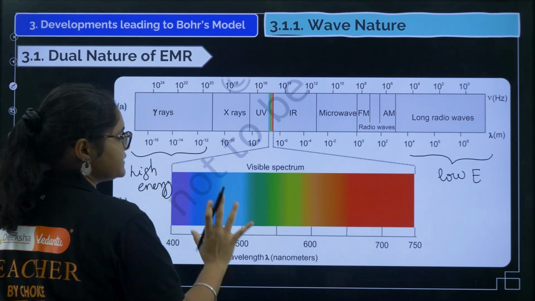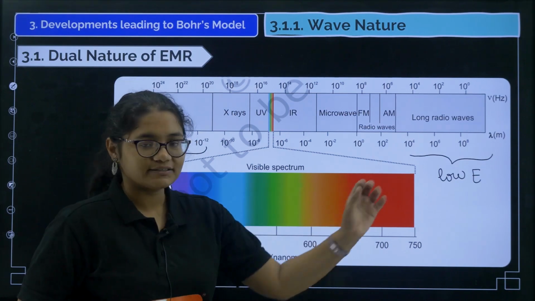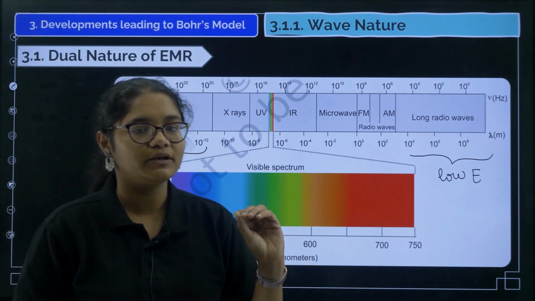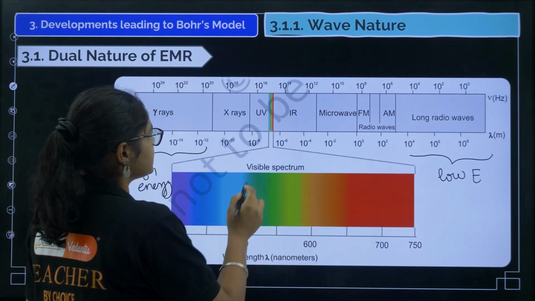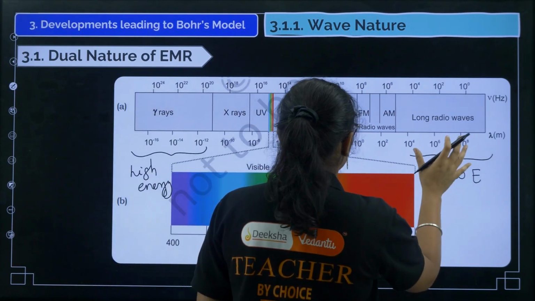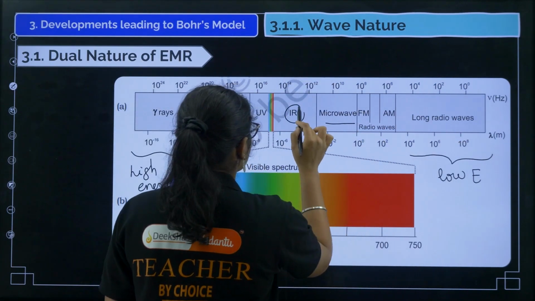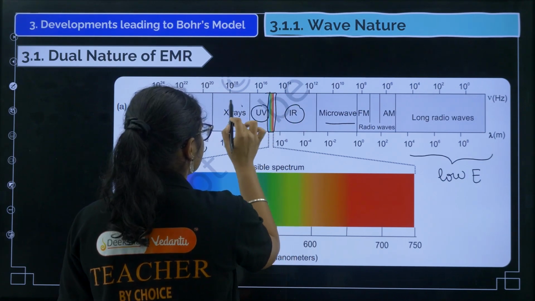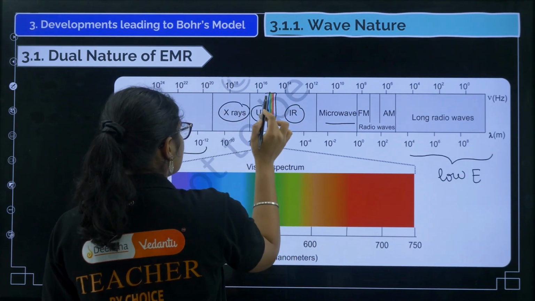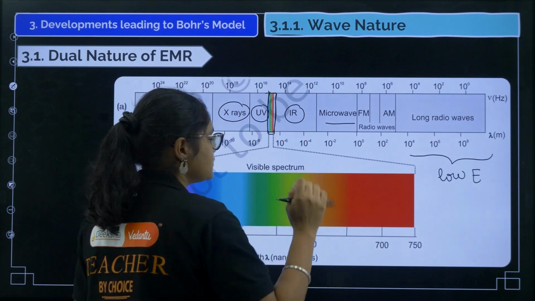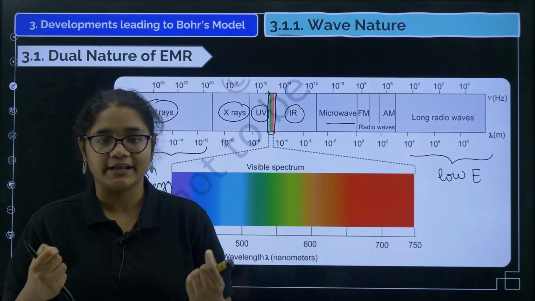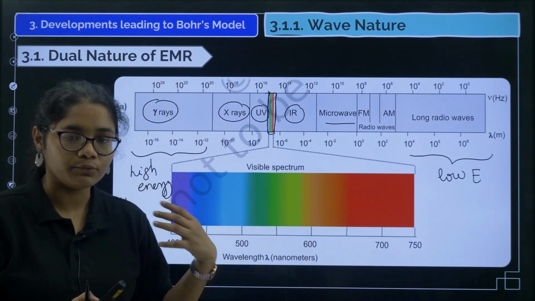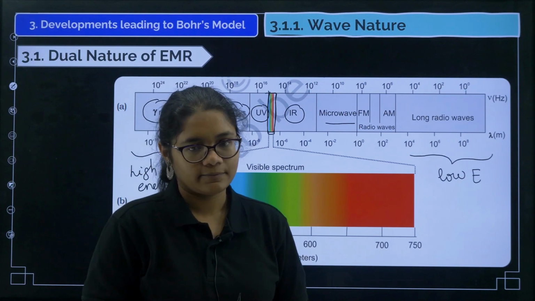The visible region is the only part of the electromagnetic radiation which the human eye can detect.